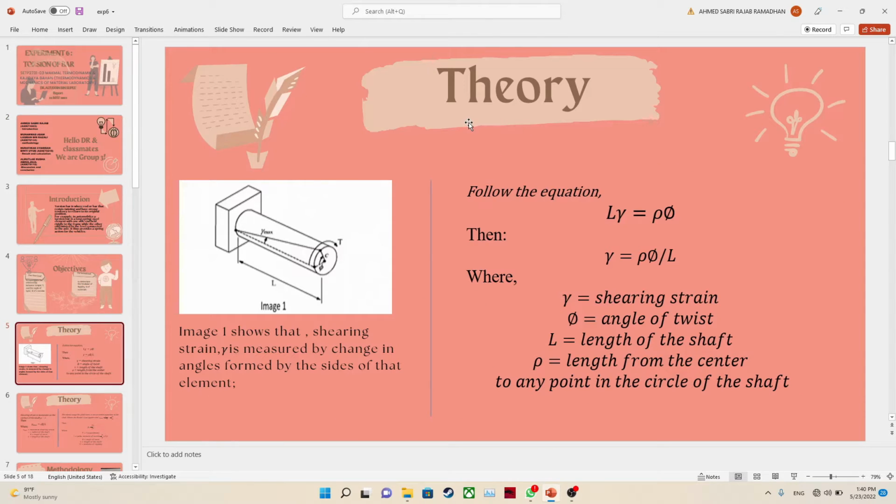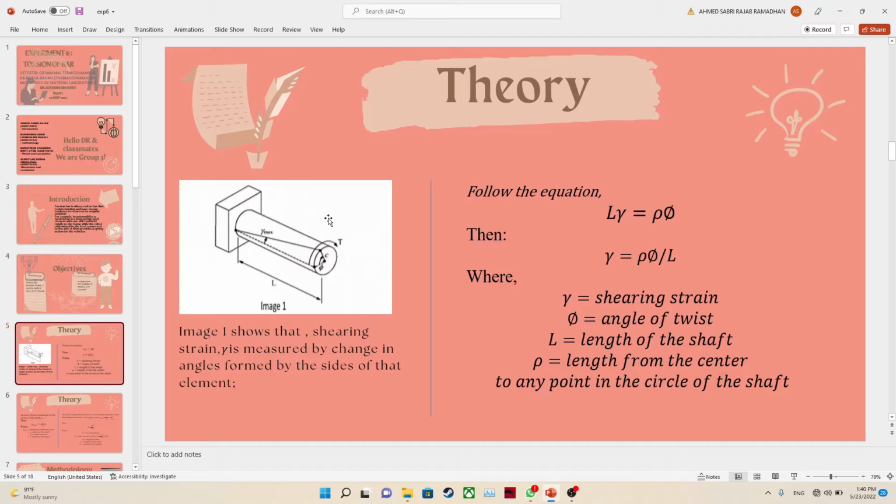For the theory part, we have an equation: Lγ = ρθ. Then γ will equal ρθ over L. Here we can know what γ and θ are. γ is the shearing strain, θ is the angle of twist, L is the length of the shaft, and ρ is the length from the center to any point in the circle of the shaft.